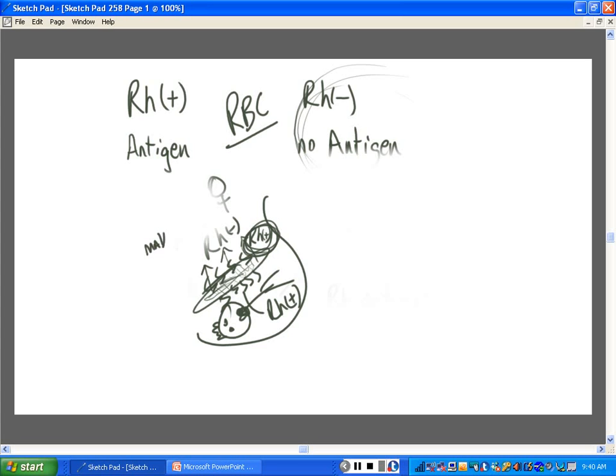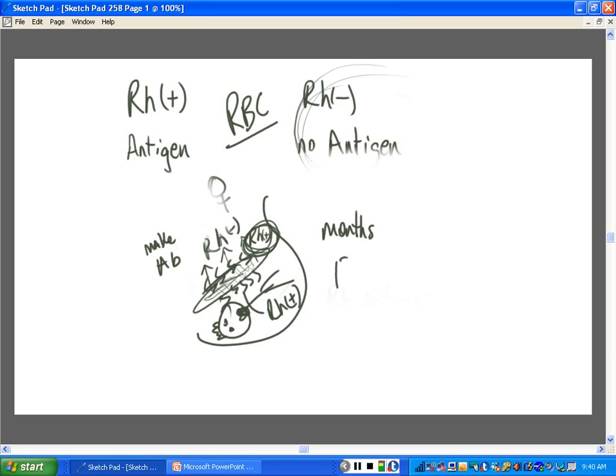She would start to make antibodies. Here's the good news. It takes a long time. It takes months for her body to do that. It took months for the baby's blood to develop to the point to have those.